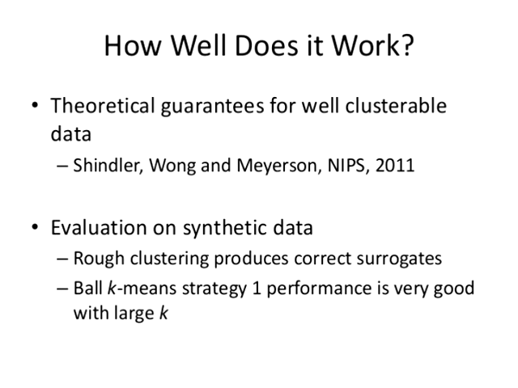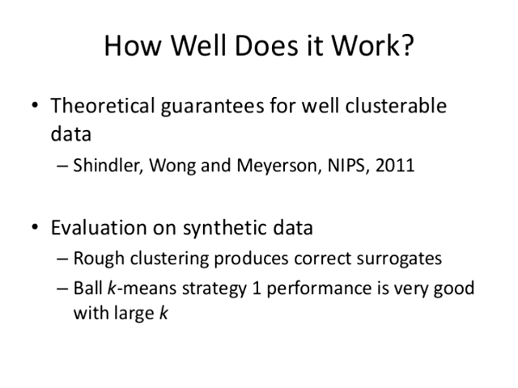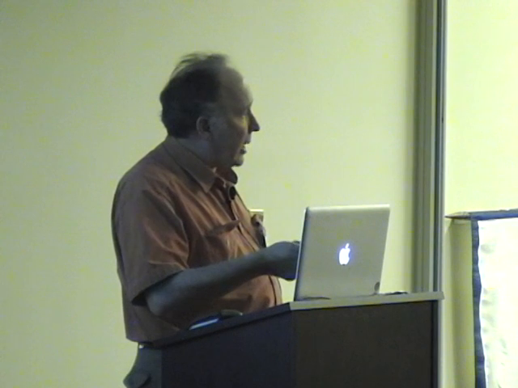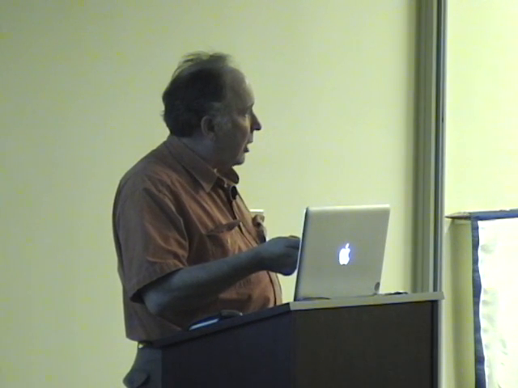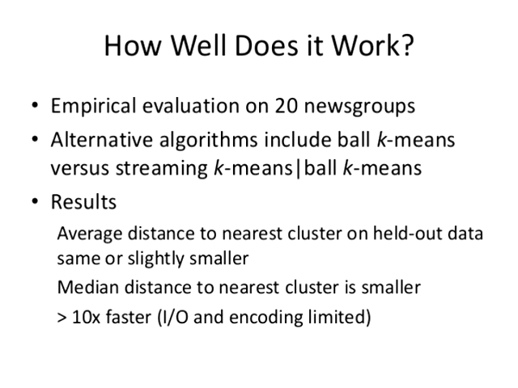So anyway, how well does it work? There's theoretical guarantees. The original paper provided those. But if you evaluate on synthetic data, you find it with very high probability gives you exactly the correct clustering that you want. If you evaluate on real data, we cluster the classic 20 news groups data, which is small enough that we could do a ball k-means on the original data.